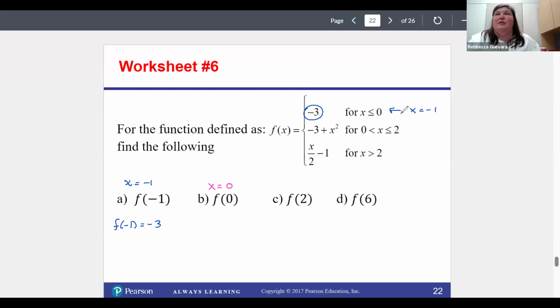This is where x is 0. So we have 0 here, 0 here. But it's here where x can actually equal 0. So at f of 0, the function is still going to be pertaining to this section here and going to be equal to -3.